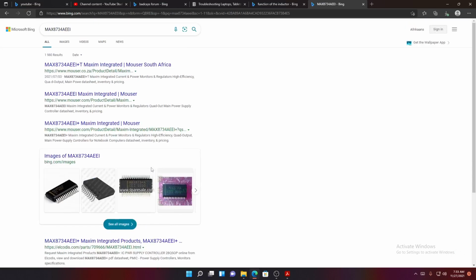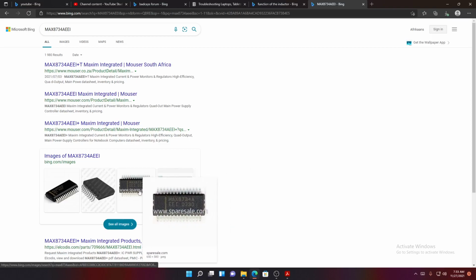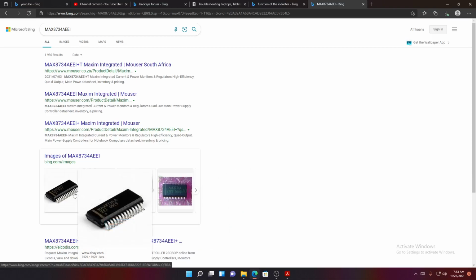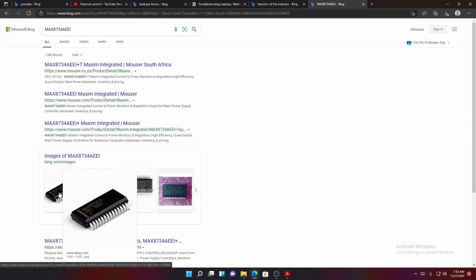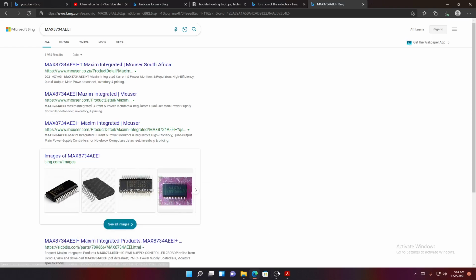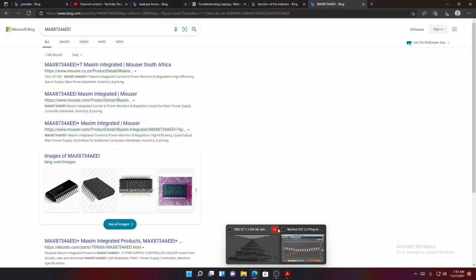Anyway, this is an old board, because new motherboards don't use these chips. It means this is an old motherboard. So in case you are dealing with that schematic or with that laptop, you will have to find this chip for 3.3 and 5 volts. It looks exactly like this. All right, so anyway, let's go back. Going back now. Sorry about that.